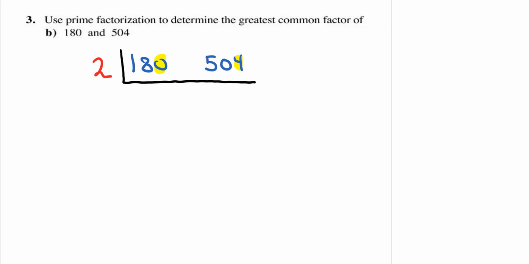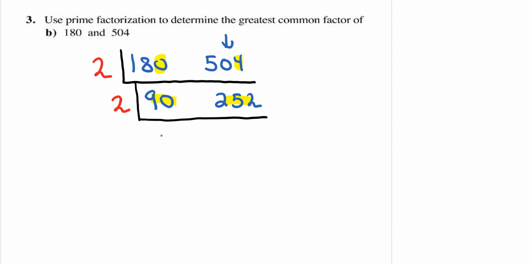So 180 divided by 2 is going to be 90. 504 divided by 2 is going to be 252. All right, so I will continue with this ladder method because I still have even numbers here. So let's go ahead and divide by 2 again. So 90 divided by 2 is going to be 45. And 252 divided by 2 is going to be 126.